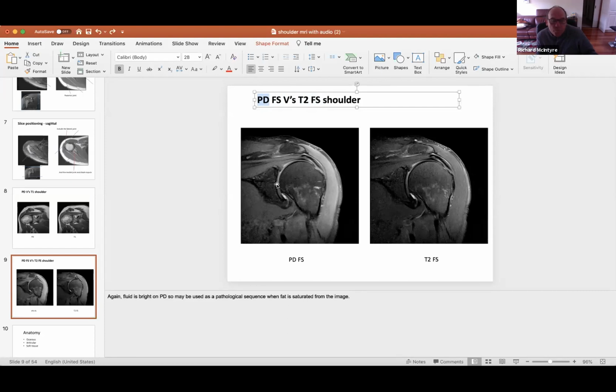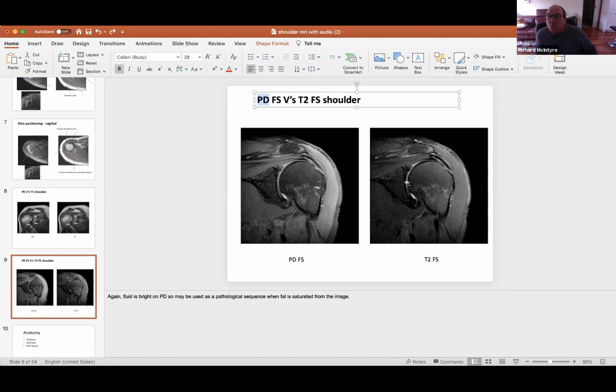So if the fluid is bright and we put on fat sat, we get more signal of the joint structures and we get pathological signal. So these areas of pathology where the body sent edema to are going to be bright, and that's because fluid is bright on a proton density fat sat and a T2 fat sat shoulder.